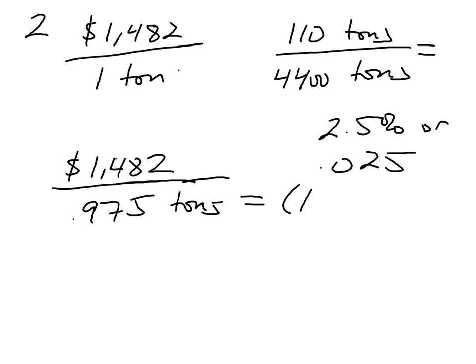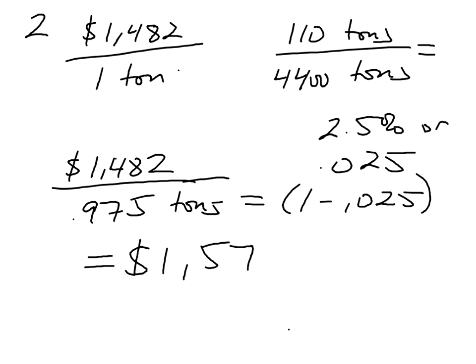That's just going to be 1 minus 0.025. Okay, so when we do 1482 over 0.975, we get $1,520 per ton.